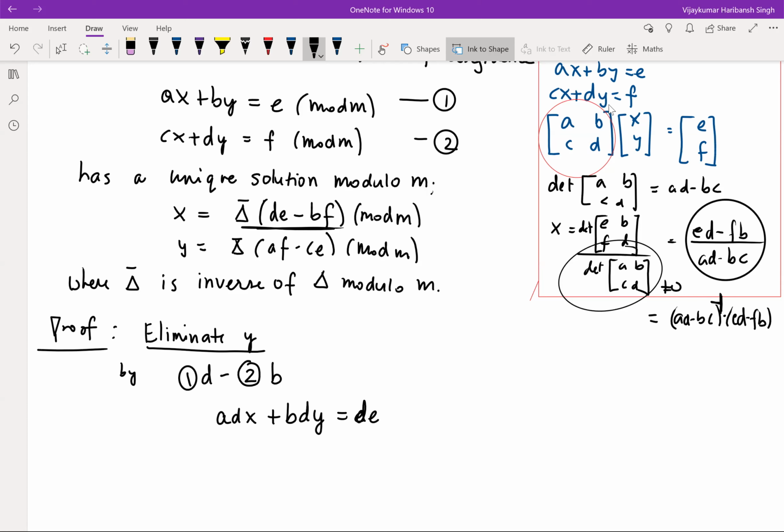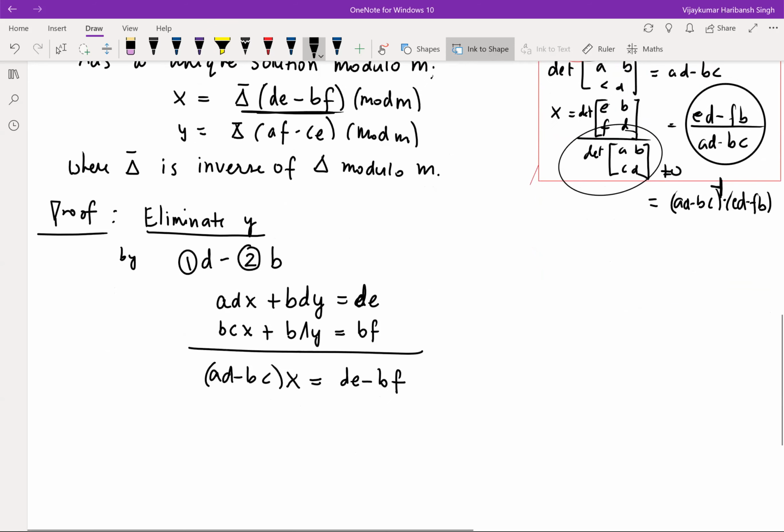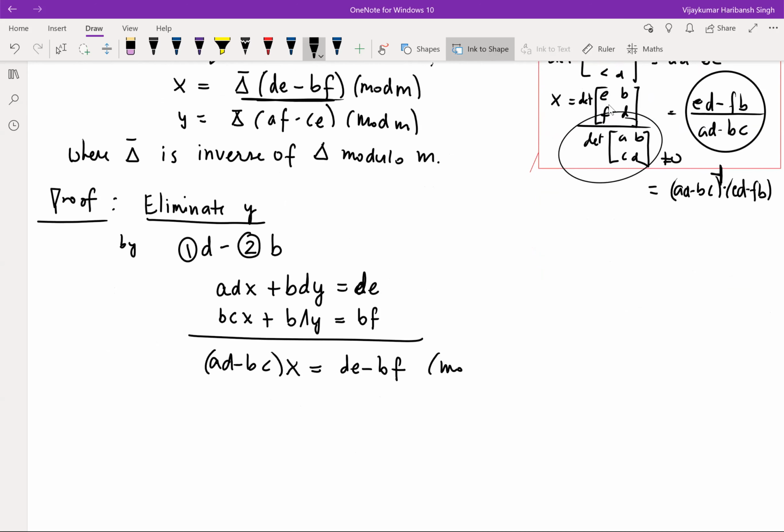Then multiply the second one by b: bcx plus bdy equals bf. Subtract, we get (AD minus BC)x equals DE minus BF. And of course, this is all happening modulo m.